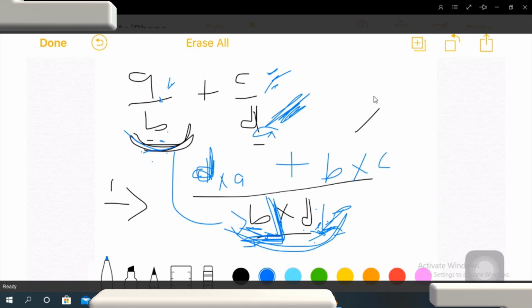Okay. So if you don't even get it, look at how the alphabet have been arranged. You can try rewriting it in your book.